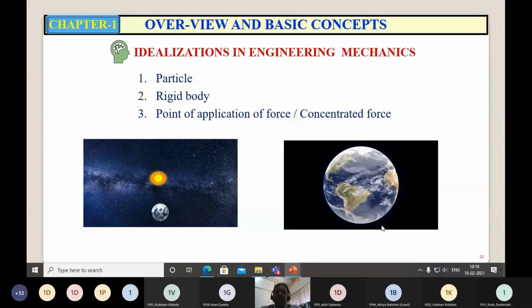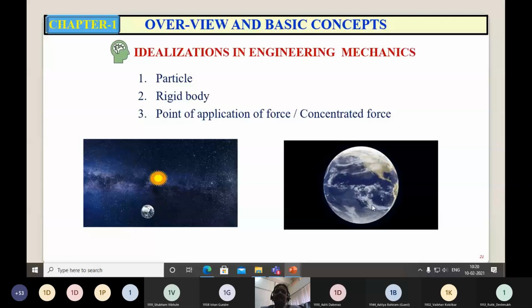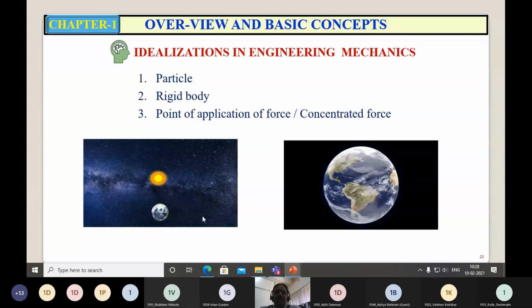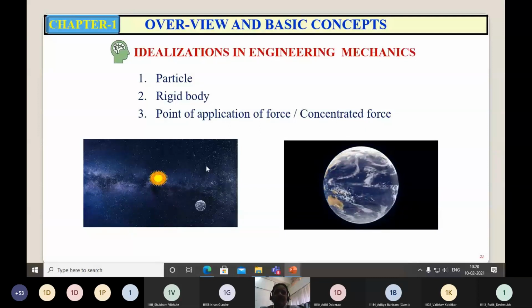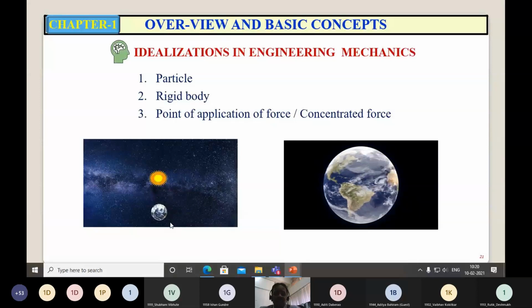But when you are studying the rotation of the earth about its own axis, then you have to treat that earth as a body, right? The moment I am saying body, the rotation will come into picture. While analyzing this motion of the earth around the sun, that rotation of the earth around its own axis can be neglected, because the effect of that rotation on the motion of the earth around the sun is negligible.